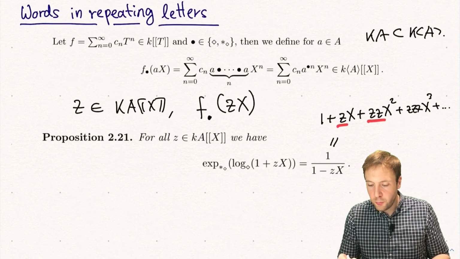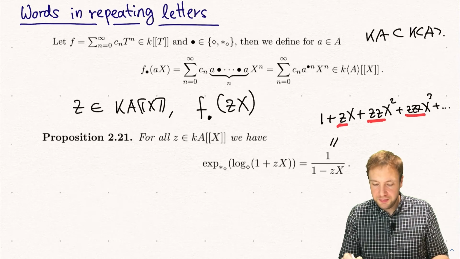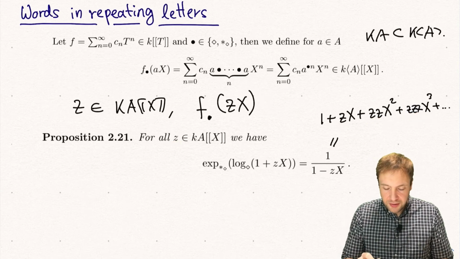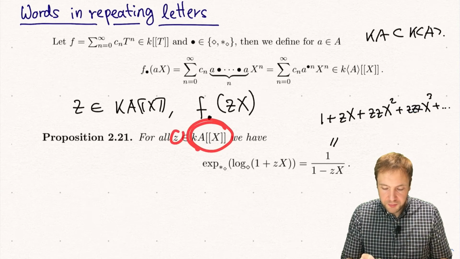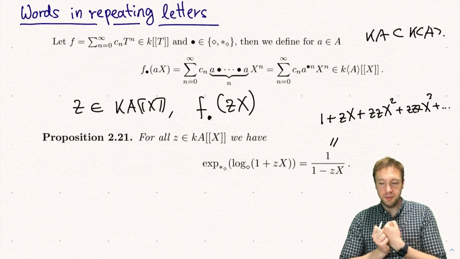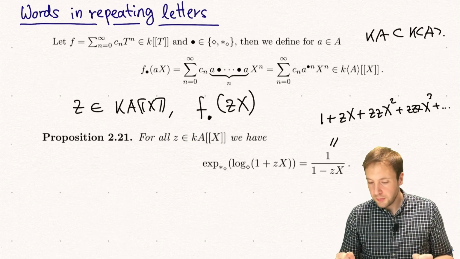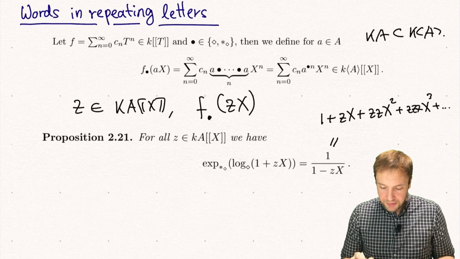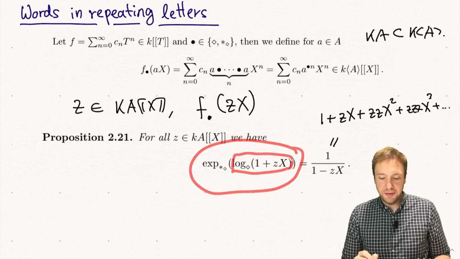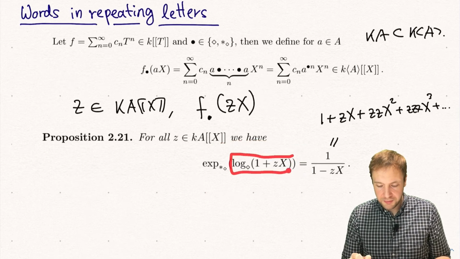So these are words in the letters. If z is just a letter, then these are words in the letter z. But if z is a power series like here, we just multiply these two power series using the non-commutative product. To evaluate the left-hand side, we first evaluate this log.